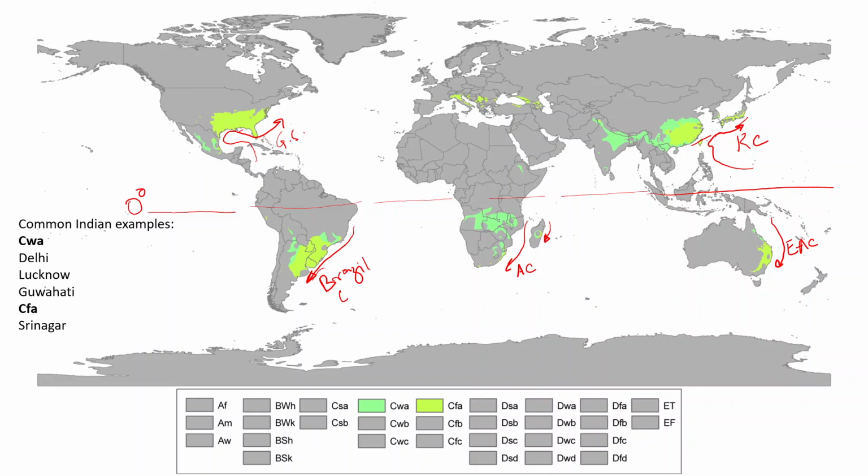While the CSA, so you can see these highland areas, the plateau regions, they are all having this CSA type of climate. In India, the common examples for CWA will be Delhi, Lucknow, Guwahati, while interestingly, Srinagar over here gives us a CFA type of climate.